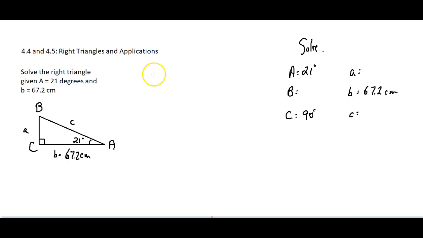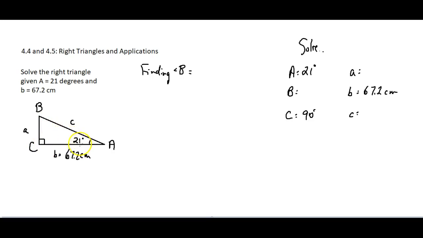So right off the bat, finding angle B. An uppercase letter means that it's representing an angle. If you like, you can put an angle symbol beside it, but you should know that if it's uppercase, it's an angle. Now, since it's a right angled triangle, we have 90 here.